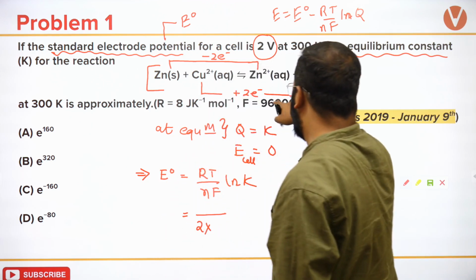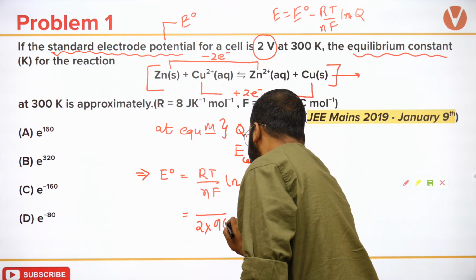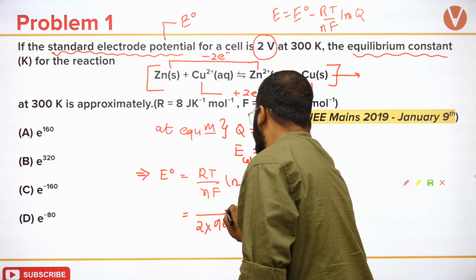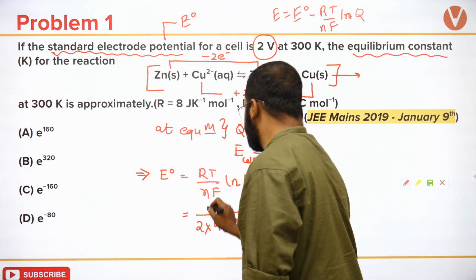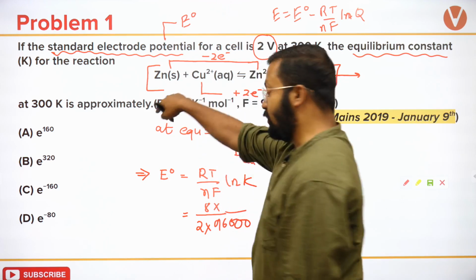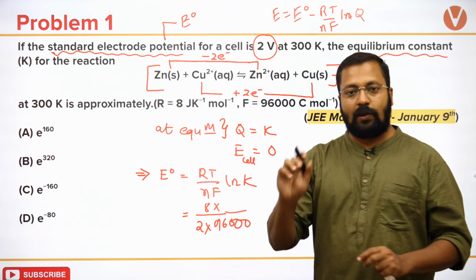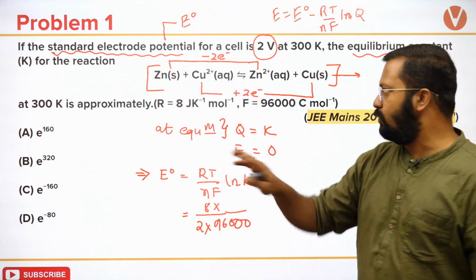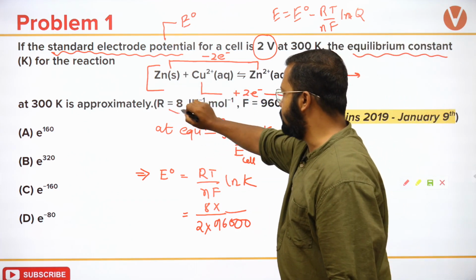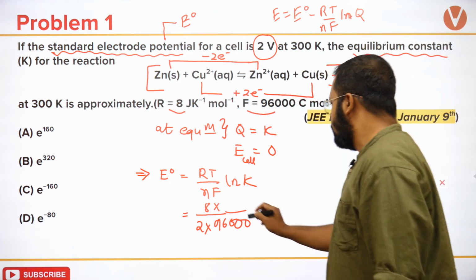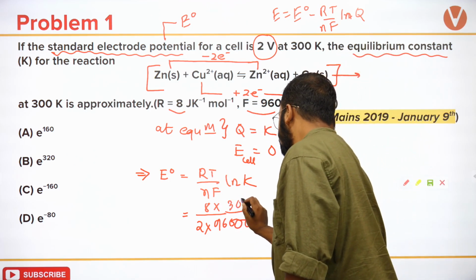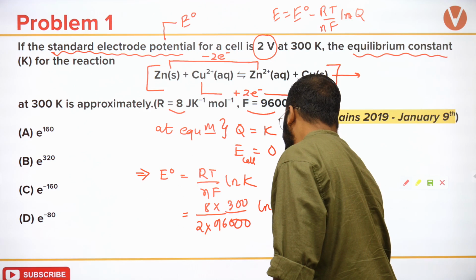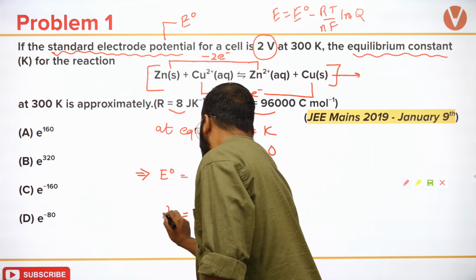What is the value of F that I have to take? 96,000. And R value is 8. According to the question, R is 8.314, but I have to take it as equal to 8, because you can see it is written here that R is 8 and F is this. And T is 300, ln K, and E naught is equal to 2.